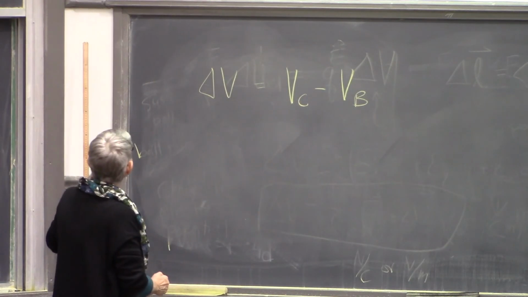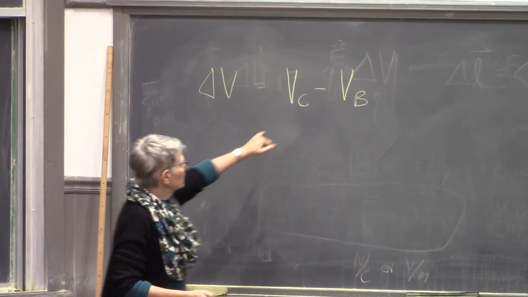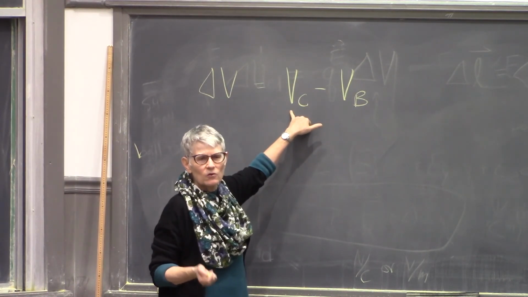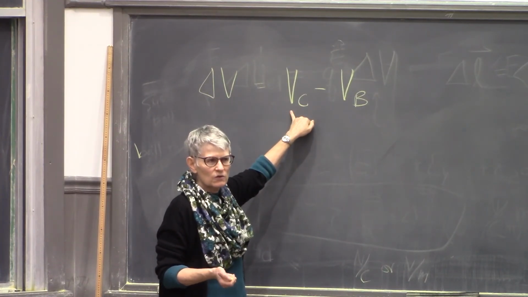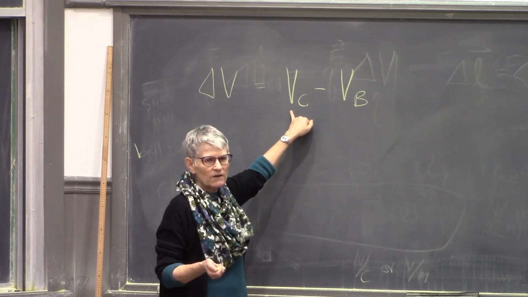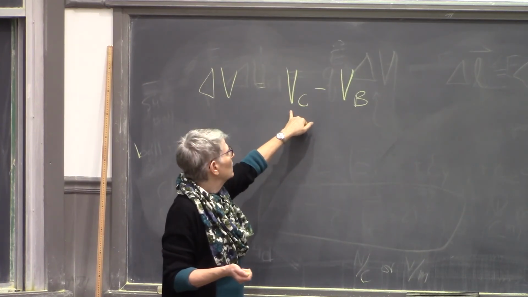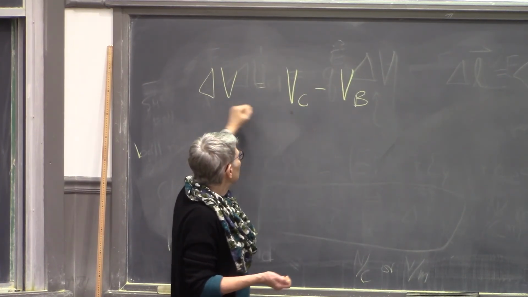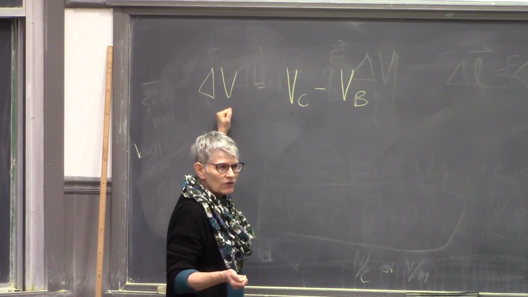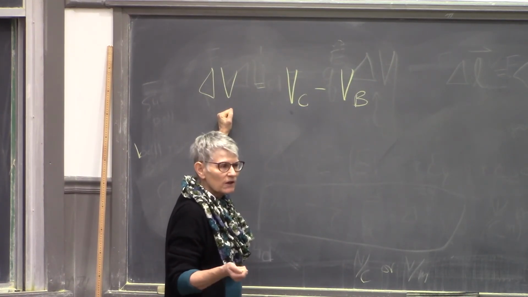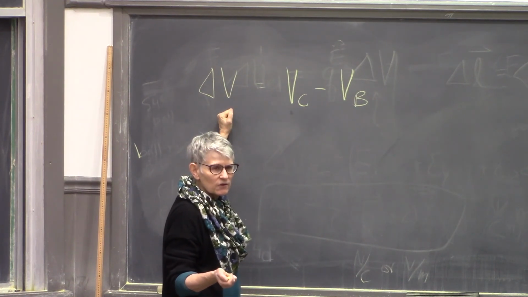Now this indicates that there really is such a thing as the value of the potential at a particular point, and that's true, and we will get to that. But right now we've only been looking at differences, because a potential difference allows us to calculate a potential energy difference.